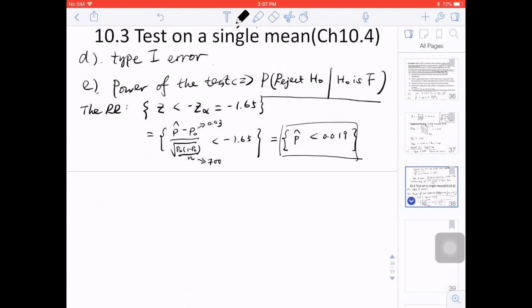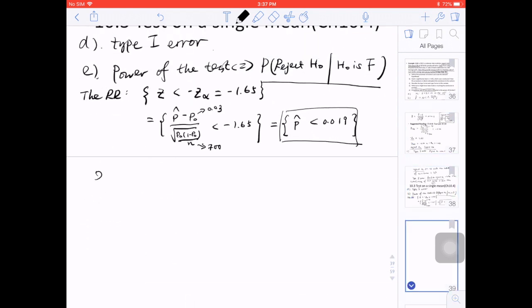Okay, so it means it's false. So the probability that the condition is the null hypothesis is false, equivalently is to say the probability P is 2%. Okay, and we reject the null hypothesis. So P hat is smaller than 0.019. It falls into the rejection region. Okay, so this is my power.